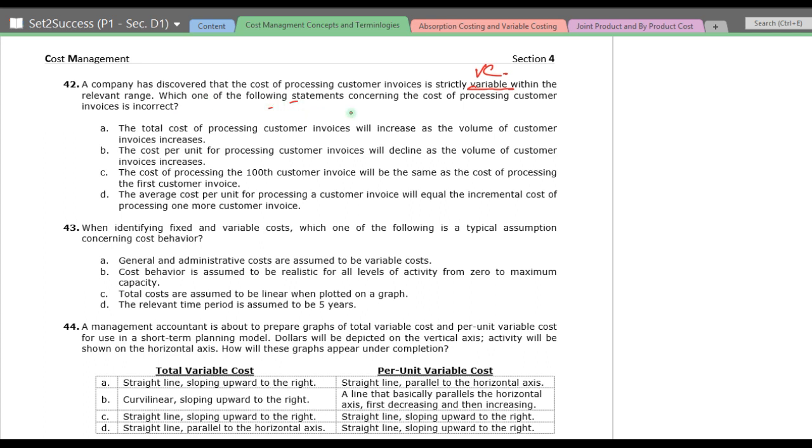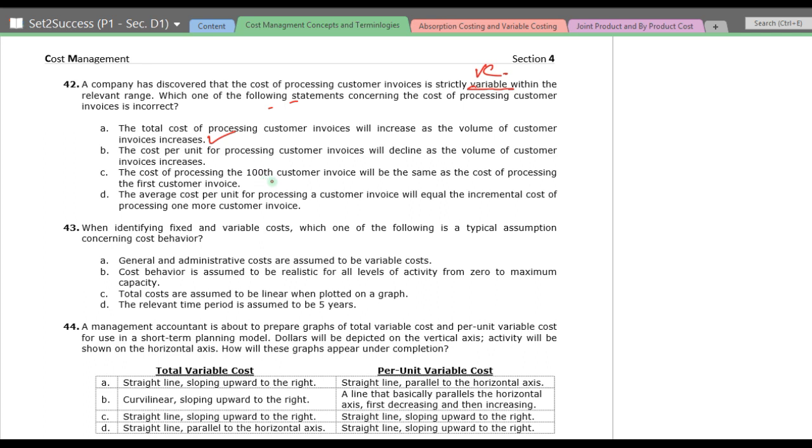Which one of the following statements concerning the cost of processing customer invoices is incorrect? They are asking for the incorrect option. The total cost of processing customer invoices will increase as the volume of customer invoices increases. Yes, this is true.